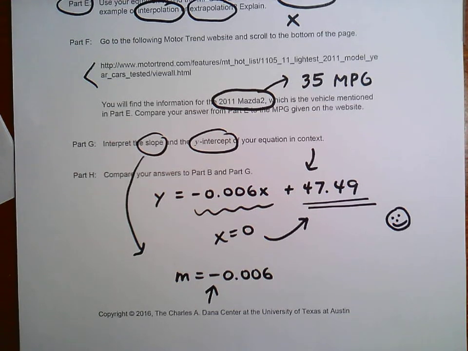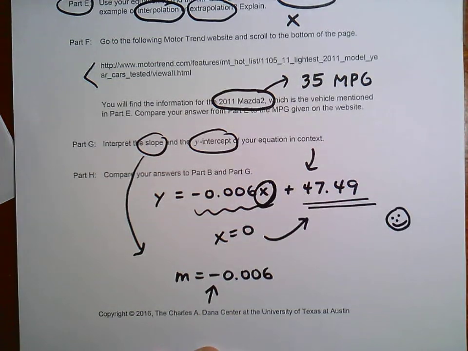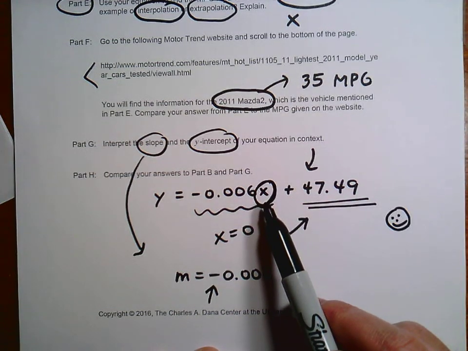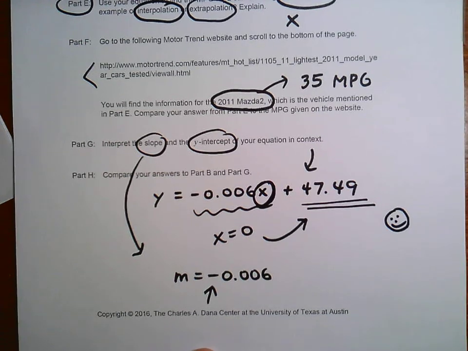So that's the interpretation here. You can tell as x increases, as you put bigger and bigger numbers here, this number is scaling that number. So every pound of weight that you add on, the gas mileage drops precisely by that many miles per gallon.